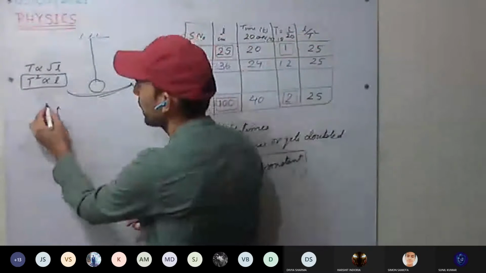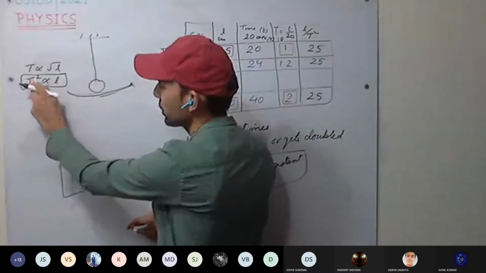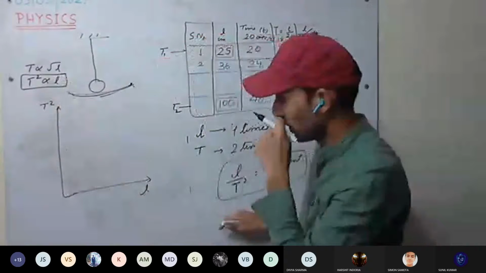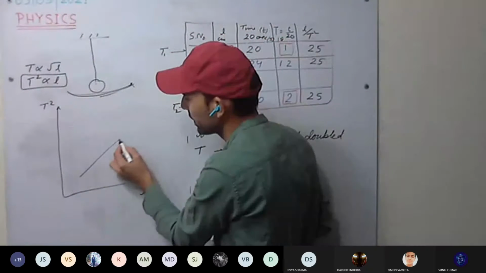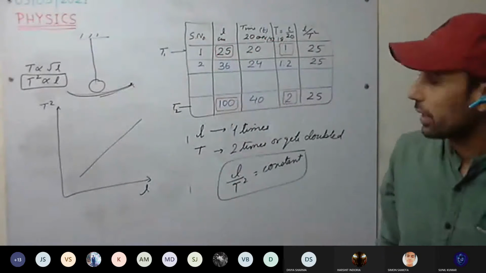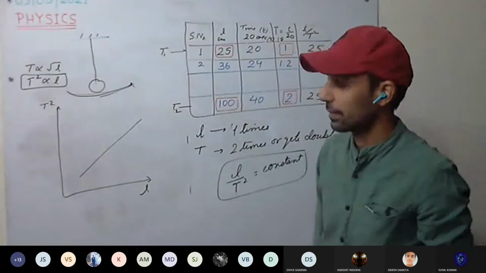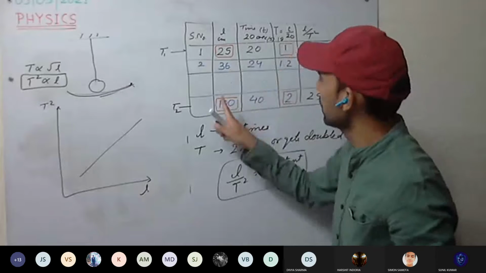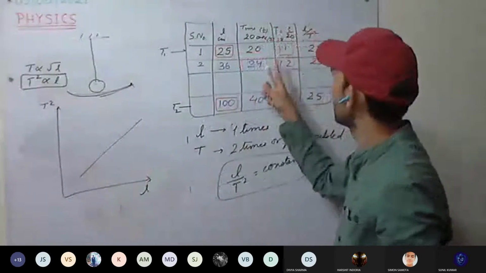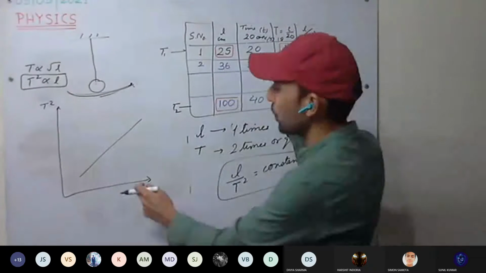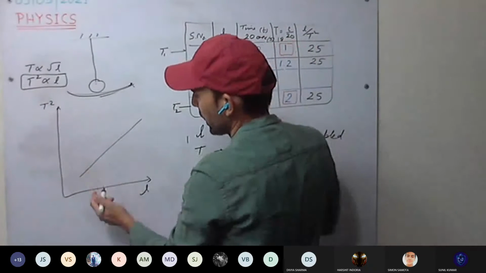And here we take the dependent quantity T square, because T square depends on length. As you plot them, you will get a straight line. You plot corresponding to 25, 1 square, and corresponding to 36, 1.2 square, because we have to take T square.